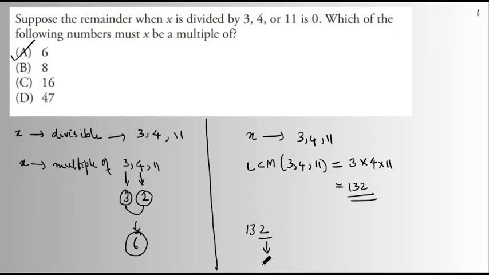And at the same time, when you sum up the digits of 132, you get 1 plus 3 plus 2, which is 6. That's again a multiple of 3. So 132 is divisible by 6 as well, which means 132 is a multiple of 6. So with that, using elimination, you can cancel out B, C and D. So A will be the right option.